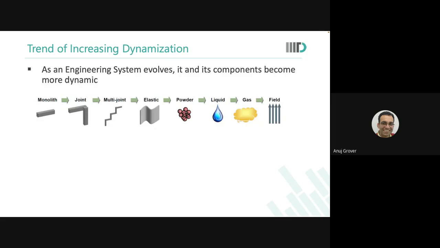Trend of engineering increasing dynamization. You will see that things move from being monolith to a joint based system to a multi joint system to an elastic system to a powder. So you do realize everywhere the dimensions of movement are increasing, to liquid, to gas, to fields, finally fields only.